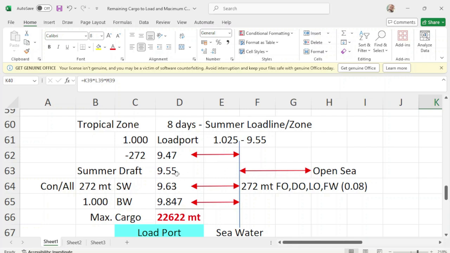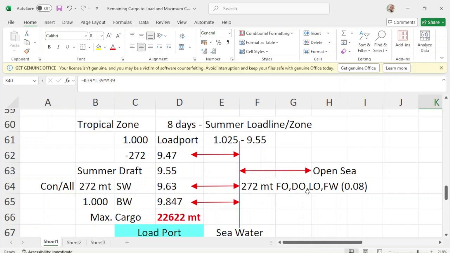This is how the vessel reacts when she floats from brackish water of 1.00 to seawater of 1.025, and you will float here in the drop of 9.55.